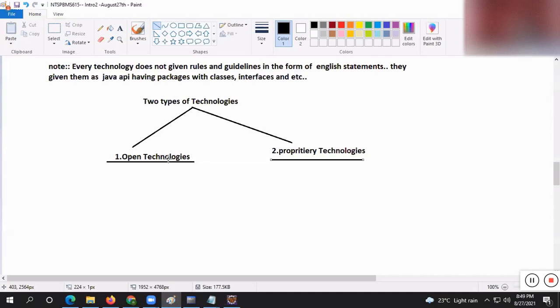I can, you can, X can, Z can take the rules and guidelines and create the technology based implementation software. That's why open, free, open source, all are one and the same, guys. It's like a scientist created a formula and kept it on a YouTube channel. Anyone can download the formula. Anyone can start manufacturing a product based on that formula, because it's a free formula, an open formula, right?